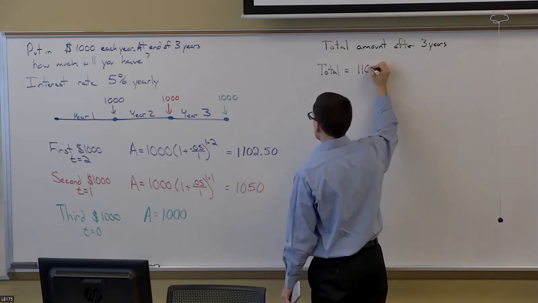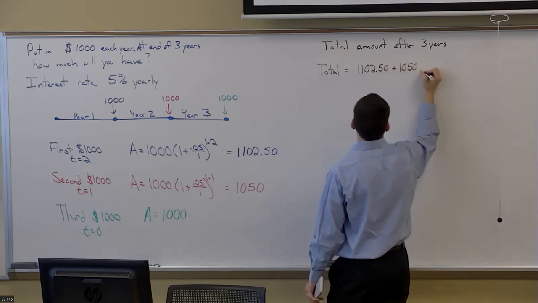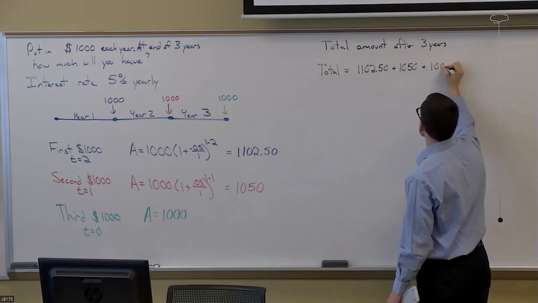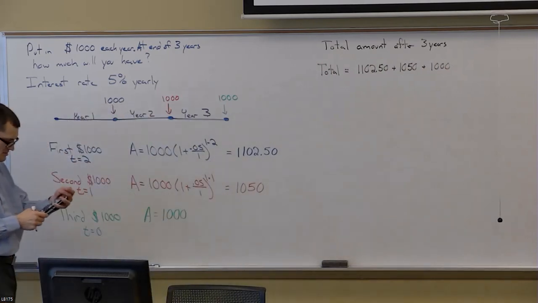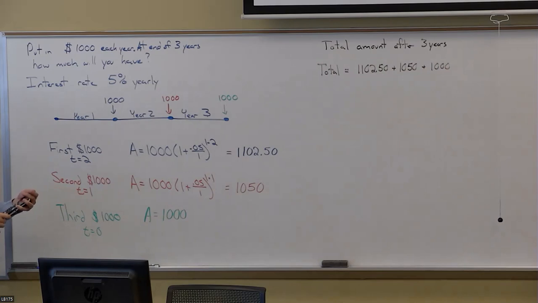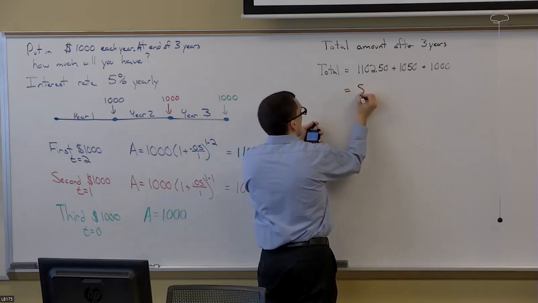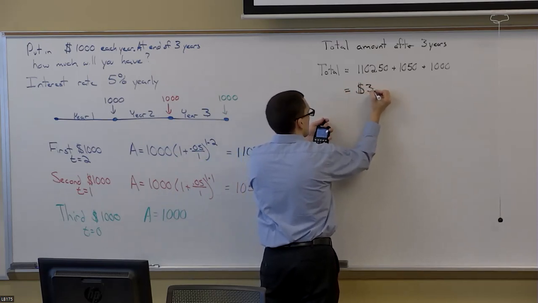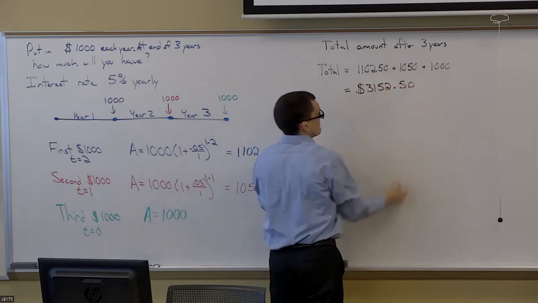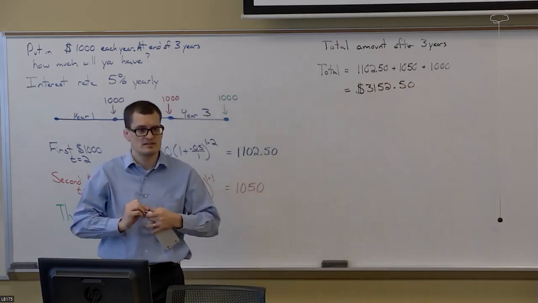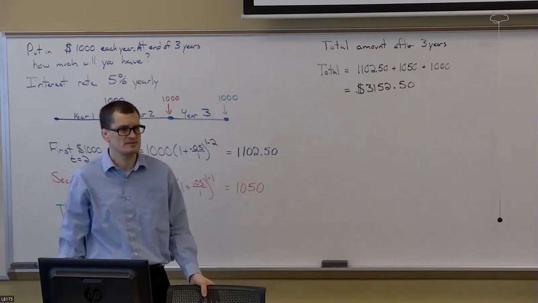Take 1,102.50 plus 1,050 plus 1,000. I ended up with a total amount of $3,152.50. Does that make sense?